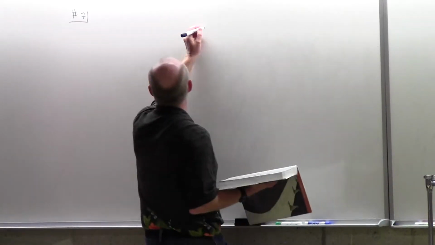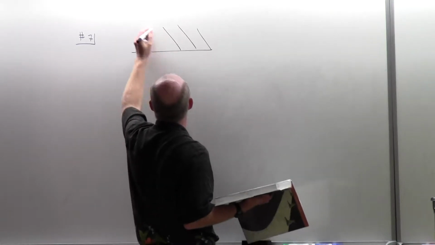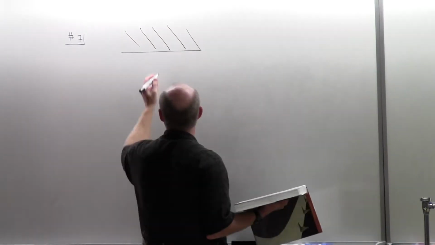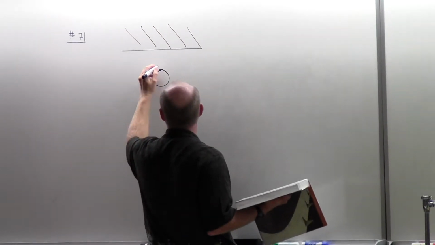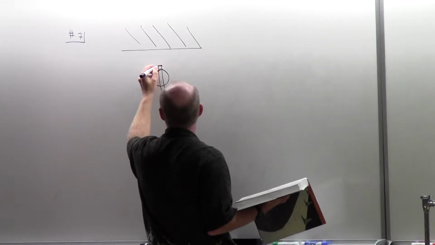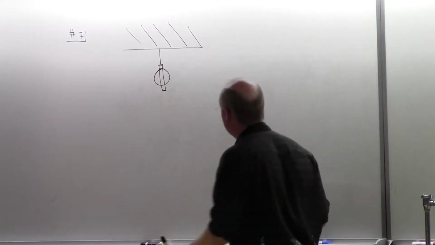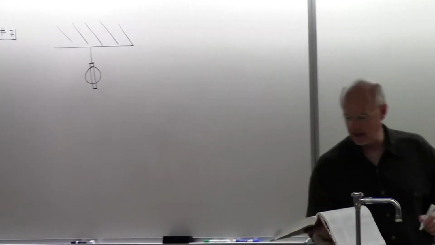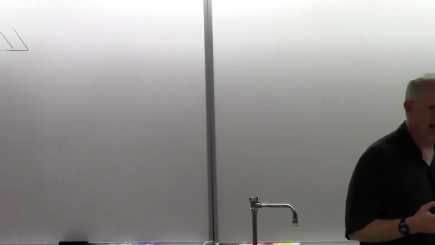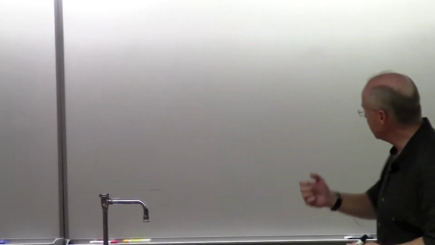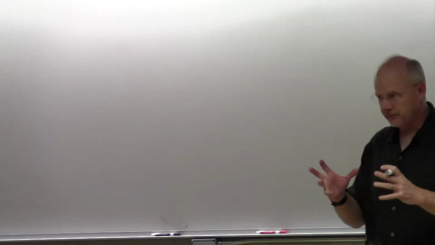I'll pause there because that's the first step: get a good physical picture of what's going on. Here's the ceiling. Here is a pulley system, if you will. It's just a single pulley hanging from the ceiling. As I mentioned last time, and you'll see it in a few hours, this is the lab we do. You take a pulley.